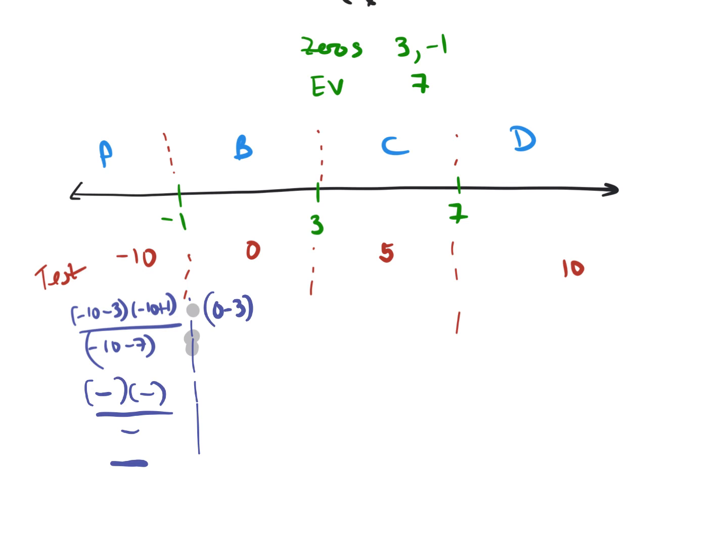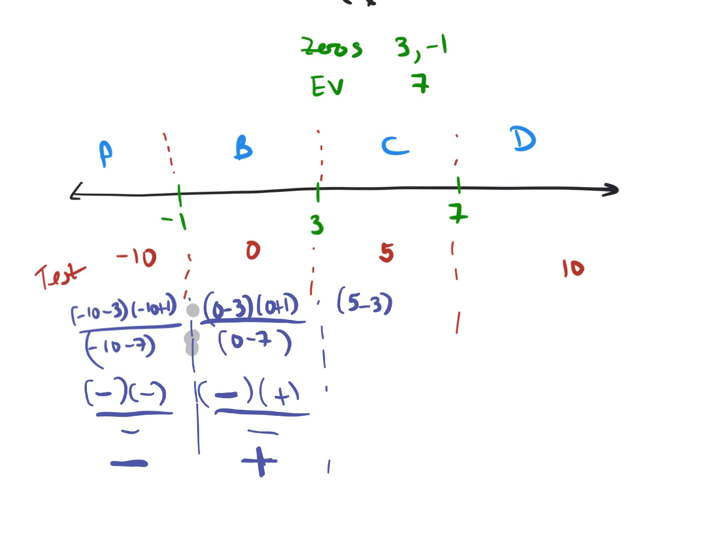0 minus 3, 0 plus 1, over 0 minus 7. This is a negative times a positive divided by a negative. So it's a negative over a negative, which is a positive. 5 minus 3, 5 plus 1, 5 minus 7. Let's see.